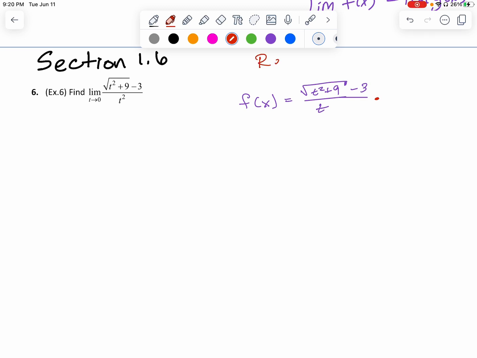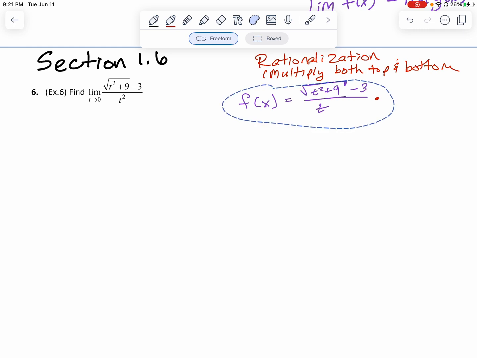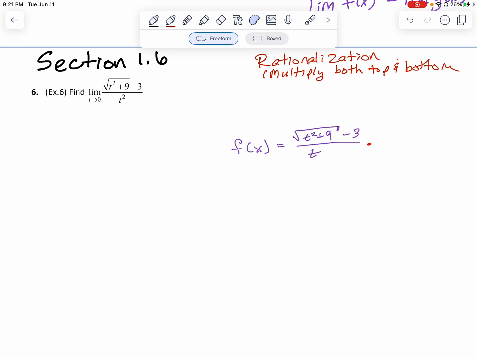So to get rid of the square root, we rationalize by multiplying both the top and the bottom, the numerator and denominator, by the conjugate.